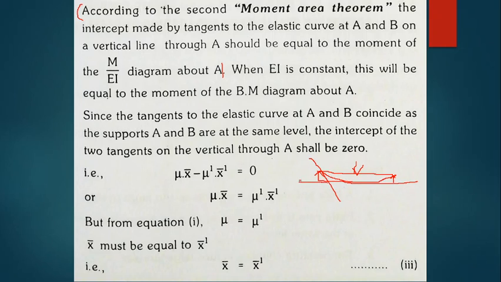Now we need to consider a vertical line, exactly at the support. The intercept made by these two tangents on this vertical line is nothing but the deflection in this case. Similarly here, this intercept is also equal to the deflection, and that is given by the moment of the M by EI diagram between those selected two points.